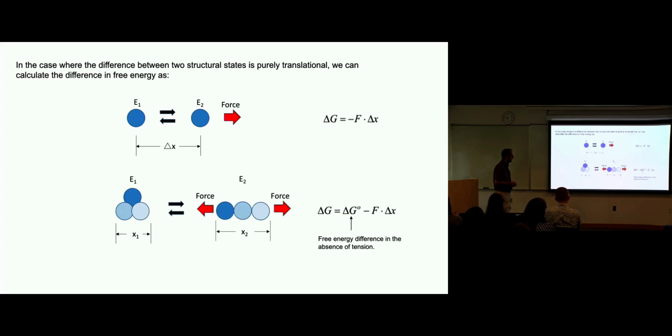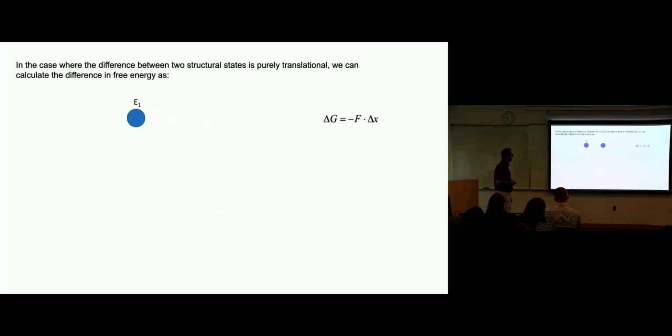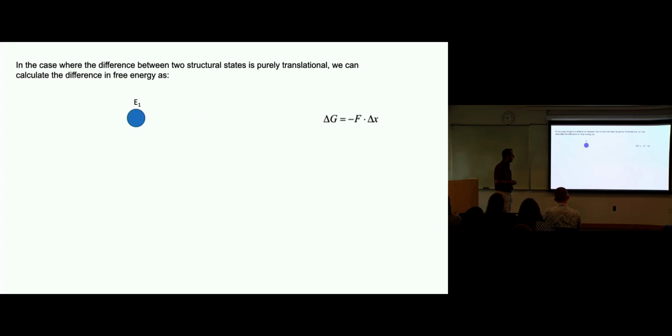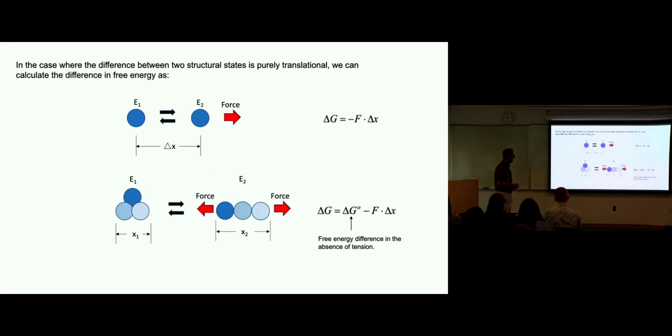And so now the delta G isn't only this force times distance. It's also the delta G that we originally had from this equilibrium, right? So this equilibrium existed at steady state. By putting force on the molecule, we can now change the total amount of energy between these two states.